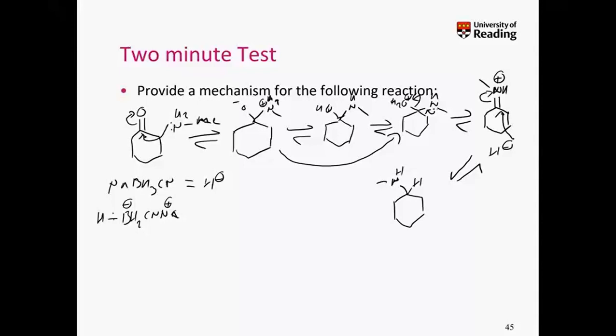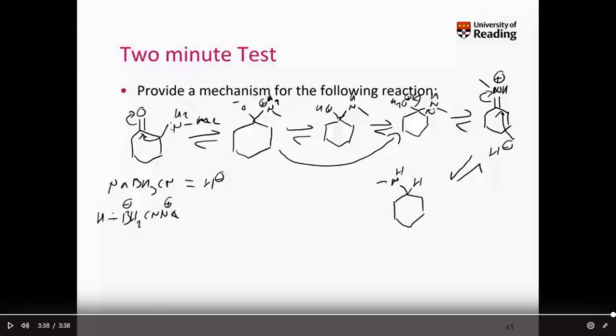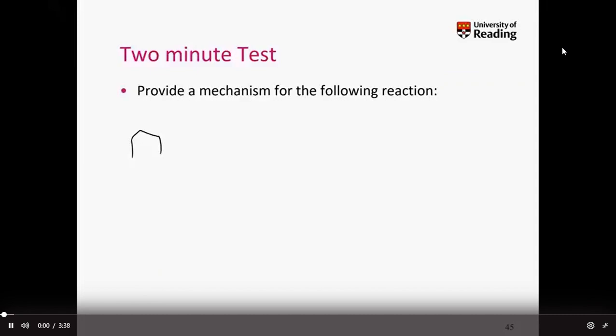So the first one is a standard carbonyl reaction, then you form the iminium cation, and then you can do a reaction on that, which is the same as it would have been for the carbonyl group.